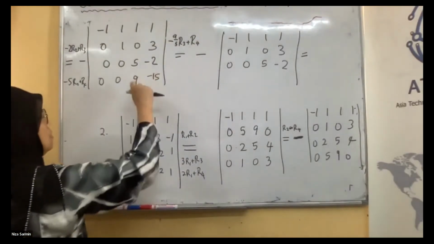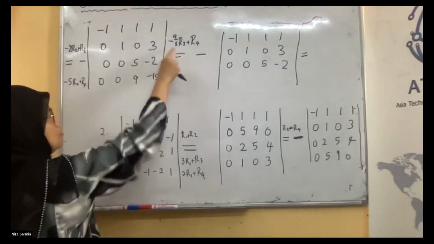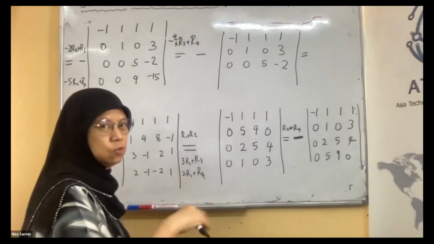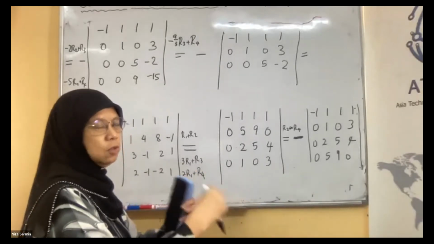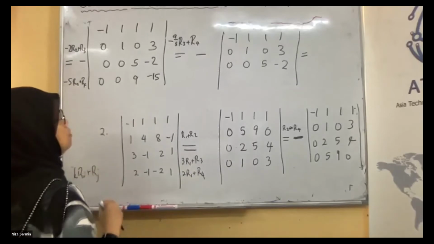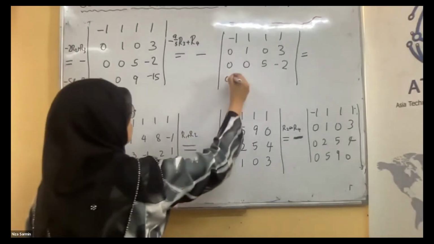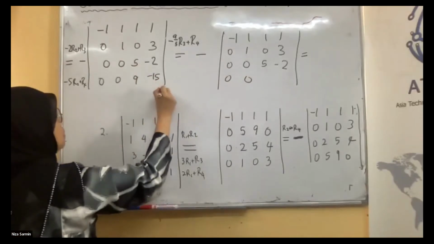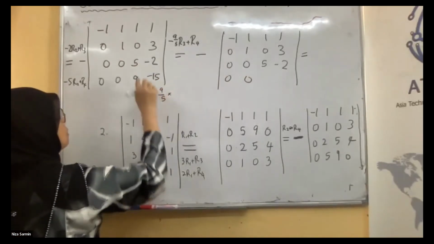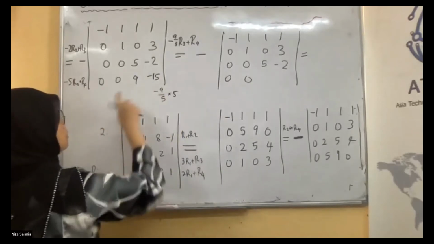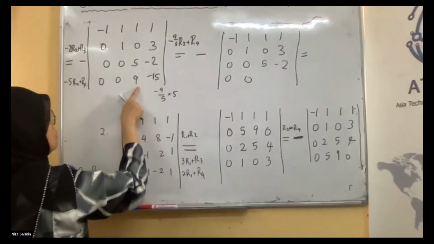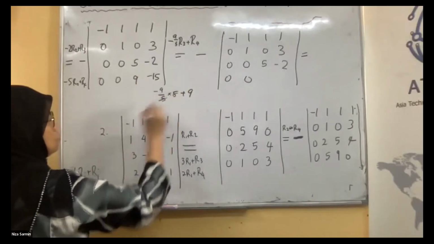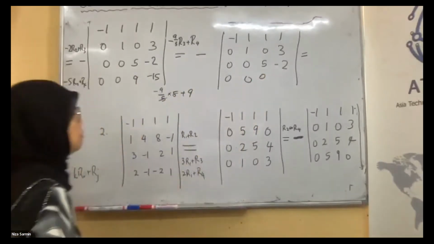You want to multiply over 5, but you don't want to change it to 1. So you divide by 5, but then you add the negative of this. So 0, 0, -9/5 times 5, right? For this one, row 3 plus 9. So that's why you get 0.